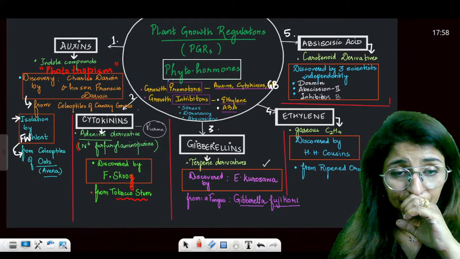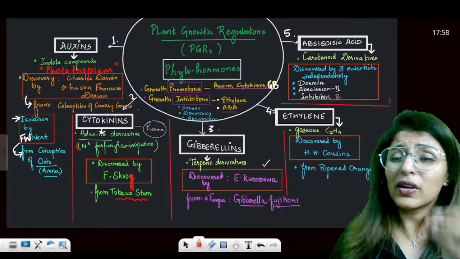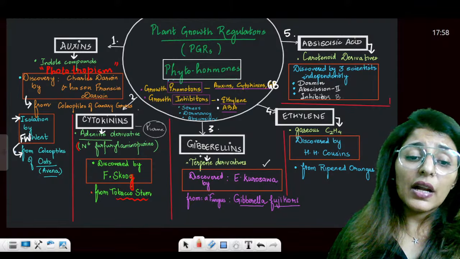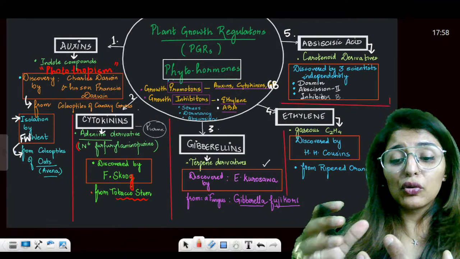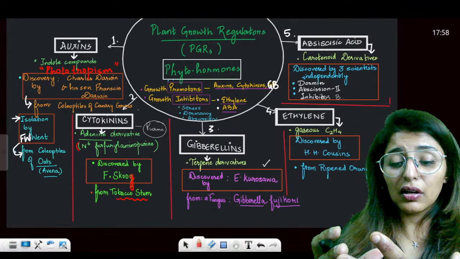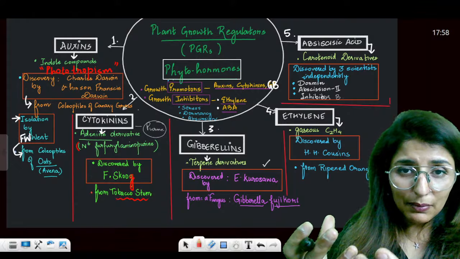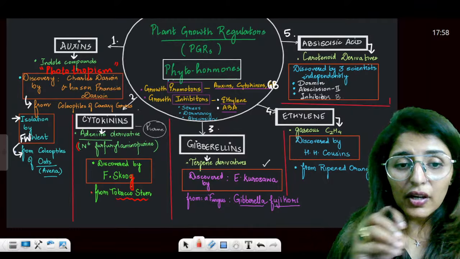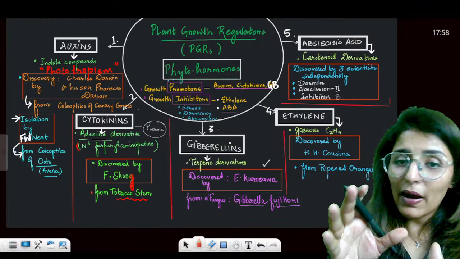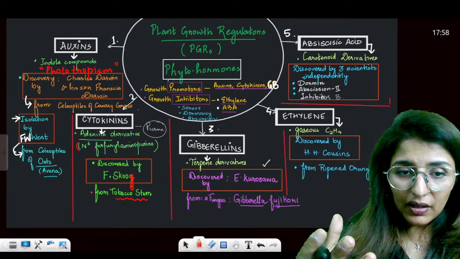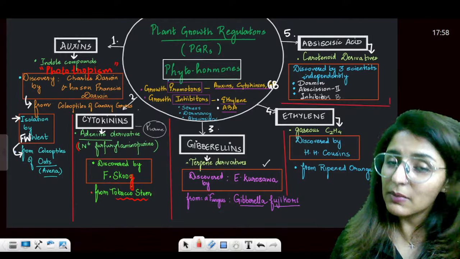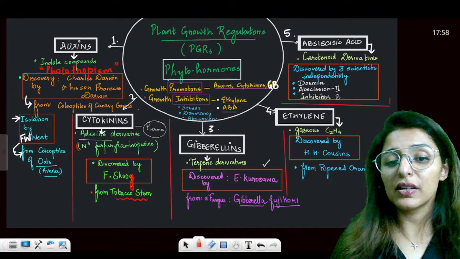Skoog found that when you put coconut milk in the callus of the tobacco stem, it grows faster. So that's how it got discovered.